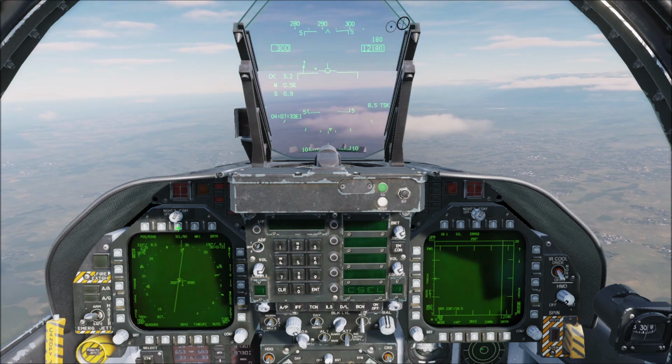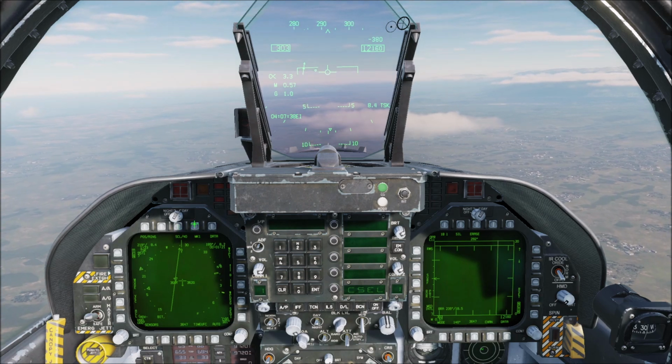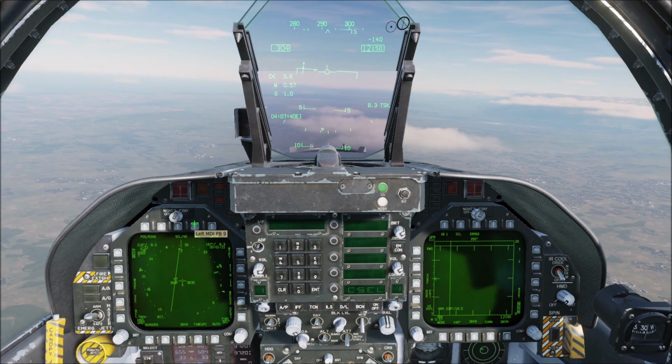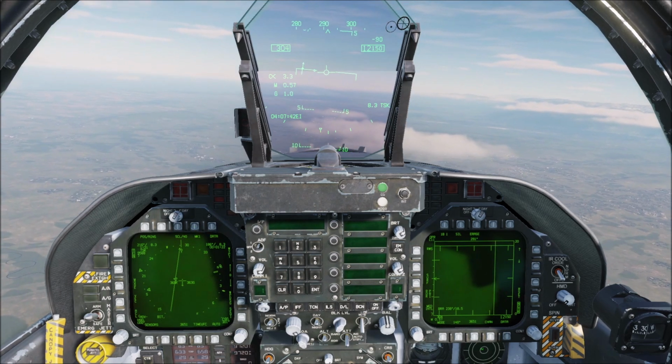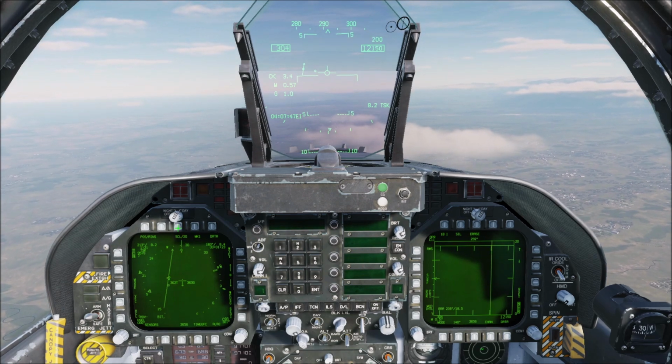I will adjust the scale a little bit, and yes, we are going in a generally good direction. 290. Let's keep our initial solution and let's resolve the problem.